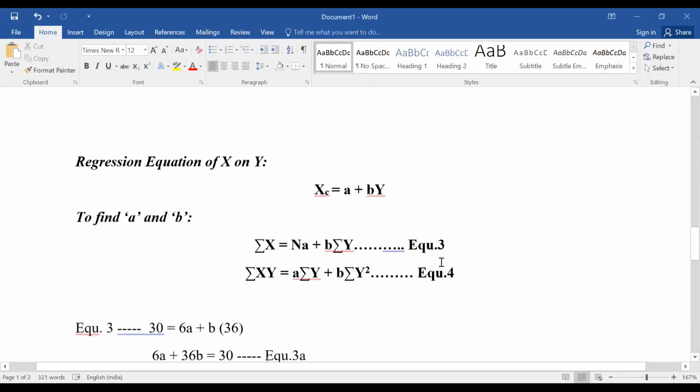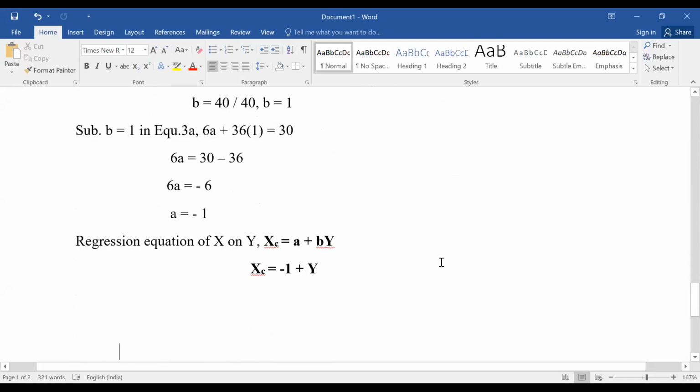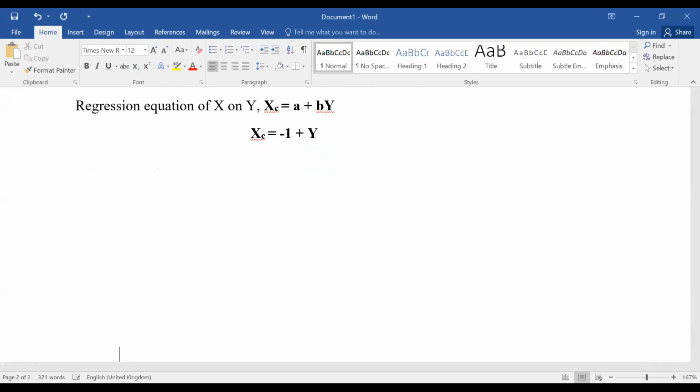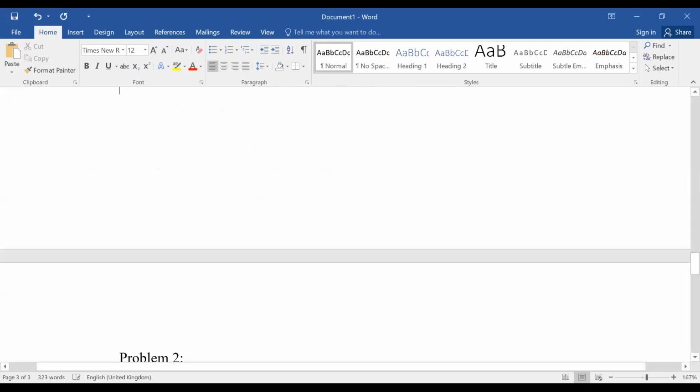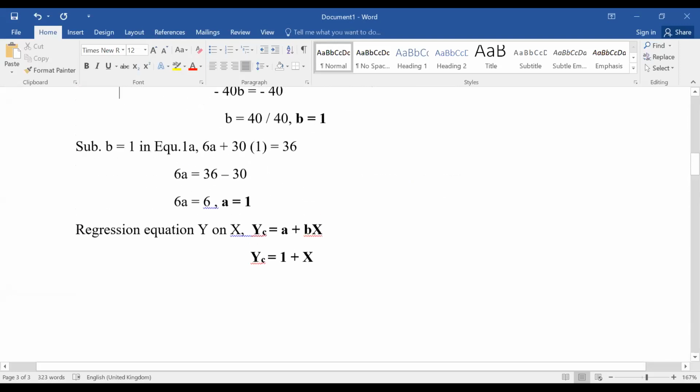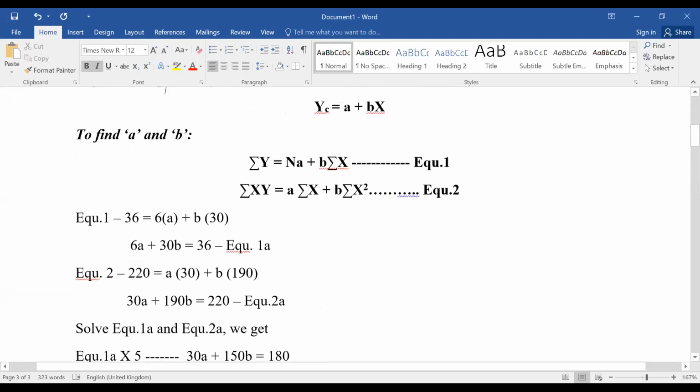You people tell me what is the problem 2. I'm not putting the table. You people have to tell me. I'm just copying this value alone.